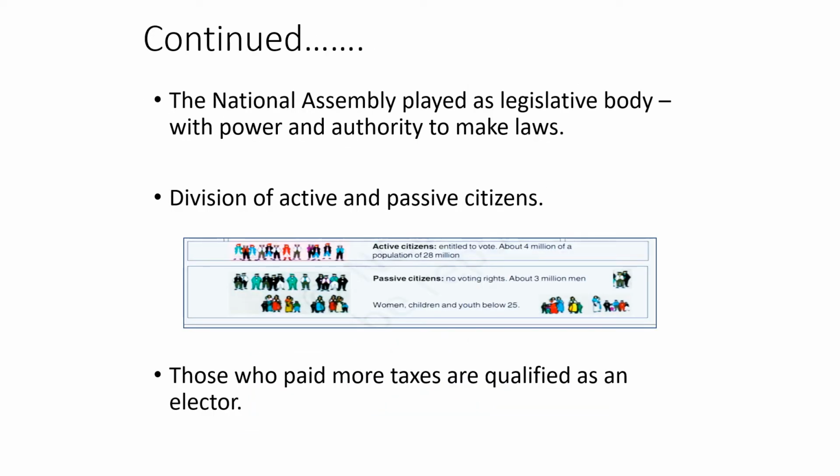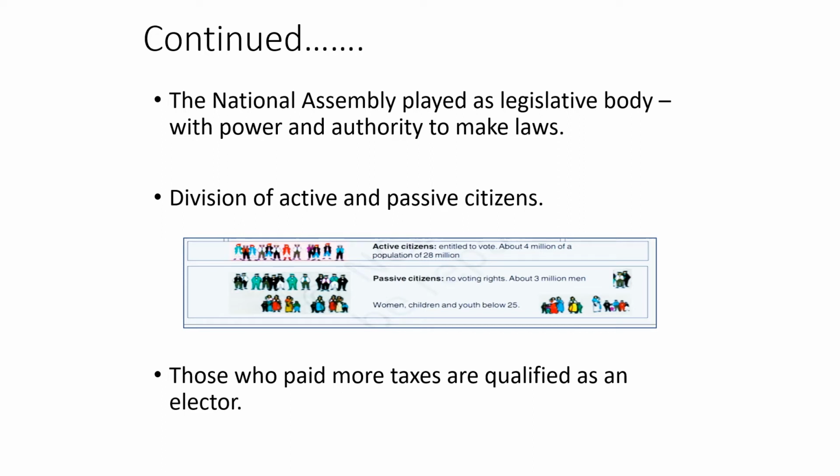As mentioned above, the Constitution of 1791 provided the National Assembly with power and authority to make laws, that is, functioning as a legislative body. Now, we all know that this legislative assembly was not directly elected by the people. Rather, it was indirectly elected by citizens through a group of electors.